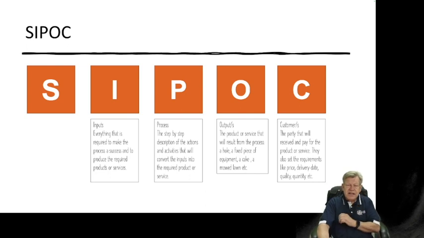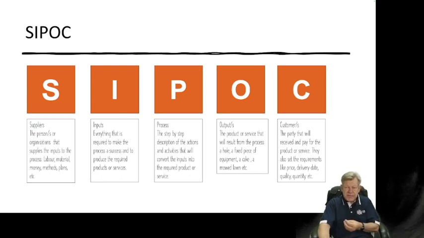And then lastly, the S stands for suppliers. Where do I get my inputs? This is important. If I want to tell somebody completely how to do a job, I need to tell him step by step what he should do with the inputs to produce outputs for the customer that meets the customer requirements, and I must tell him where to find the inputs.